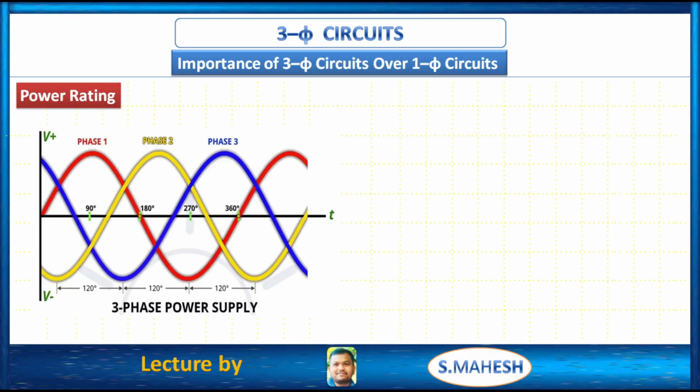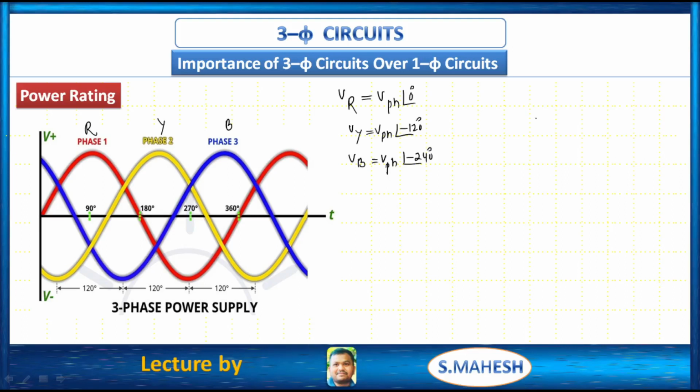So for that here I am considering a three phase waveform. Let us assume this is voltage, here they provide 90, 180, 270, that's why this is the t axis. If we have pi by 2, pi, 3 pi by 2, we have omega t. Let us say this is R, this is Y, this is B. If we consider R phase, let us say this is phase voltage at an angle 0 degrees, and Vy is V phase at an angle minus 120 degrees, like that Vb is V phase at an angle minus 240 degrees.